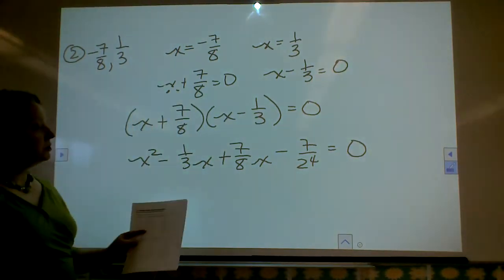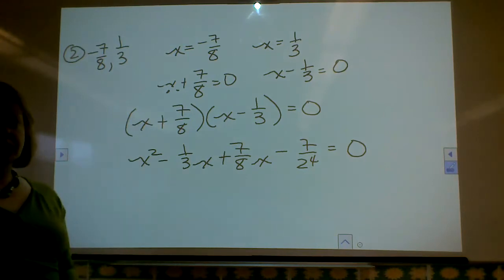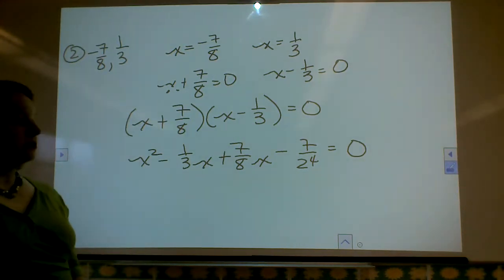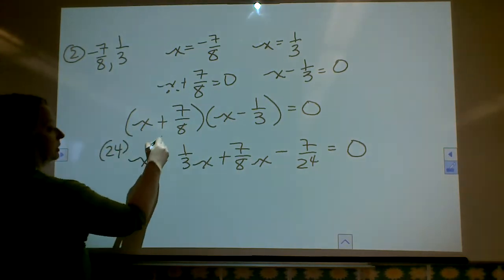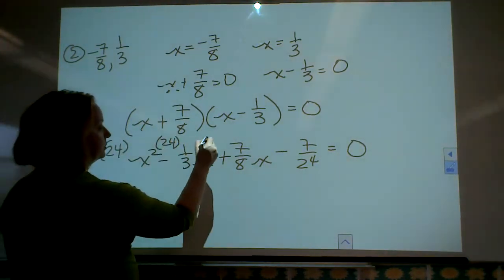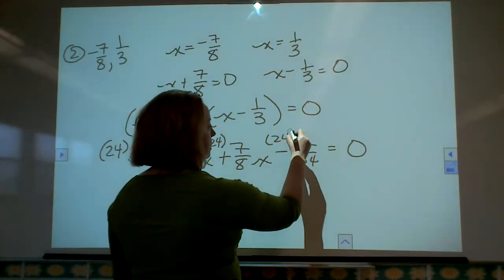The next thing we want to do is get a common denominator here so we can get whole number coefficients in standard form. So we're going to multiply every single term by 24, and the 0.